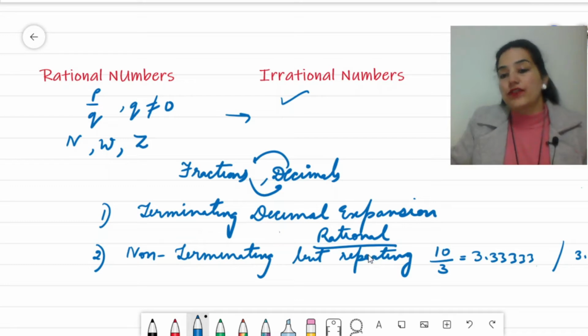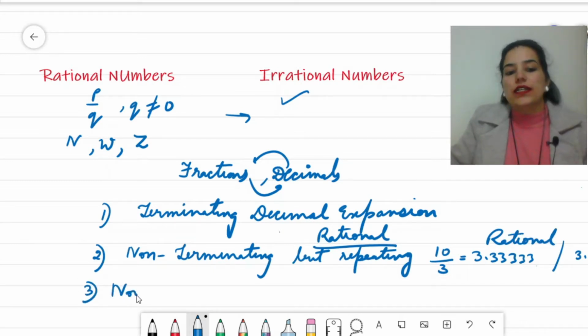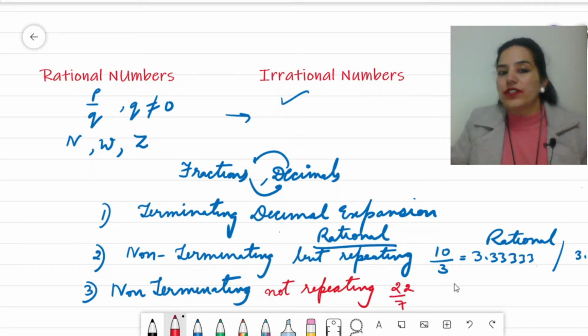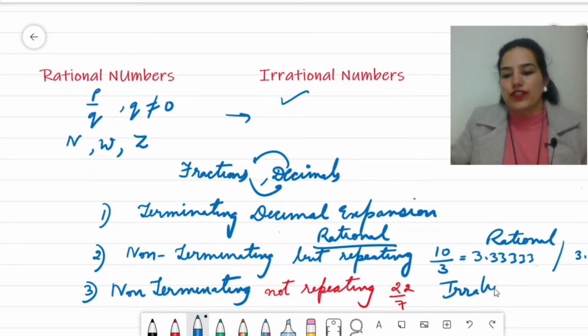Such fractions or decimals are also termed as rational. But the third type is where it is non-terminating and not repeating. Suppose 22 by 7, if you divide it, neither will the division end nor will there be a pattern to it. Such numbers are irrational.